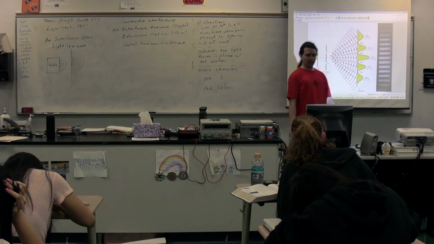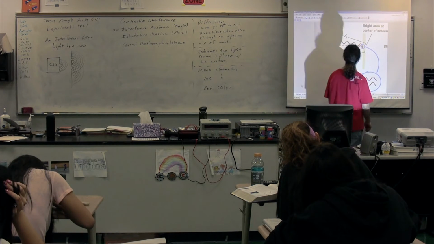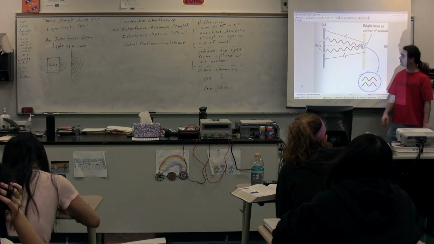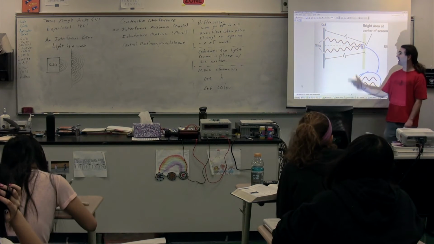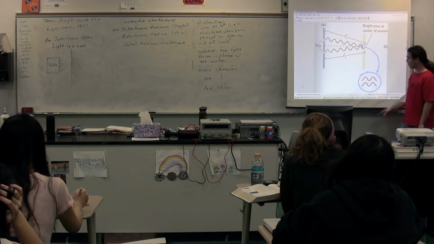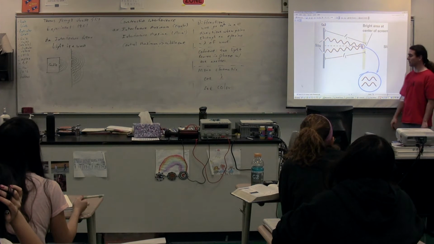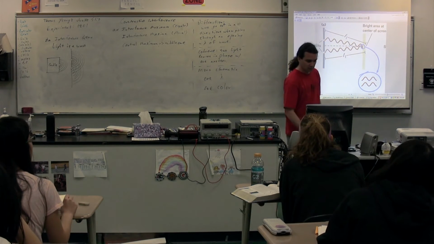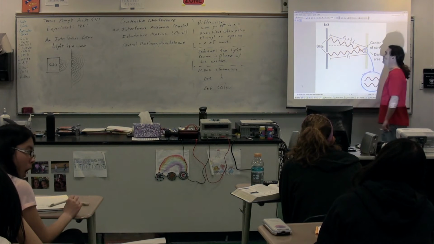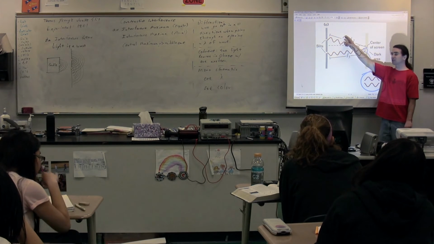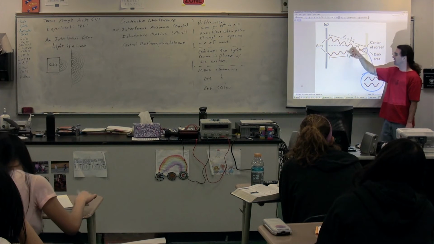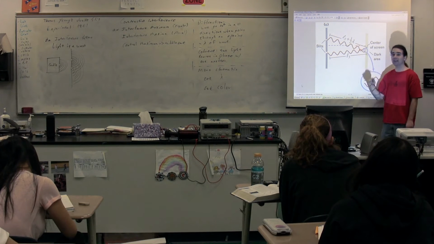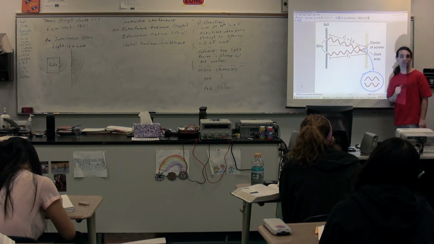Now, if we look here, you can see for the central maximum, the one in the middle, the length traveled by each of the rays from each of the slits is exactly the same. Therefore, the two are in phase with one another, therefore we get constructive interference. If we go down to a dark spot, the first dark spot, the path difference in terms of wavelengths traveled by each of the rays is going to be half a wavelength. Therefore, if the phase difference is half a wavelength, you get destructive interference.